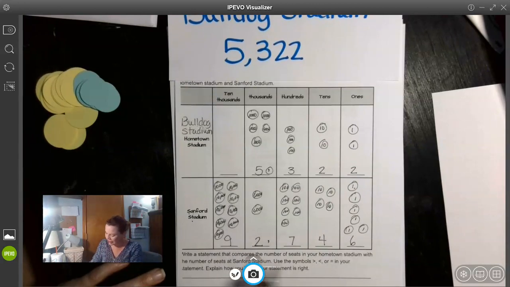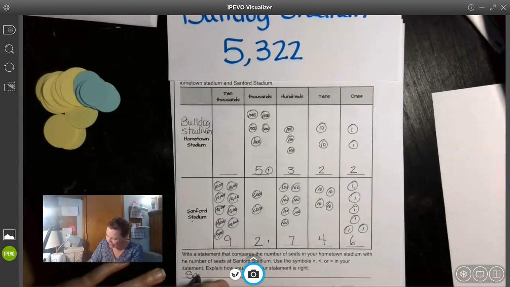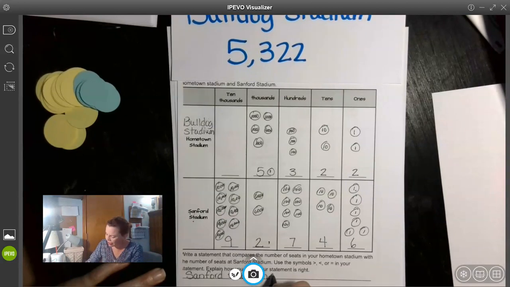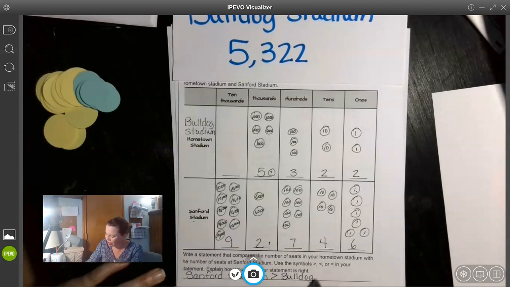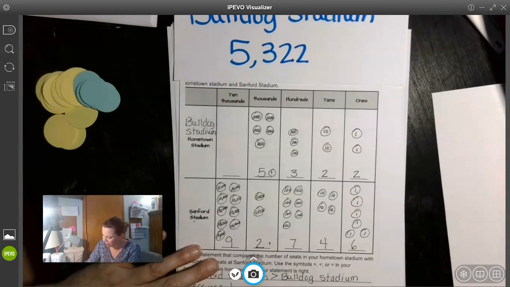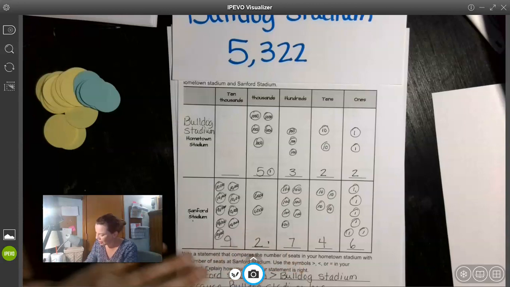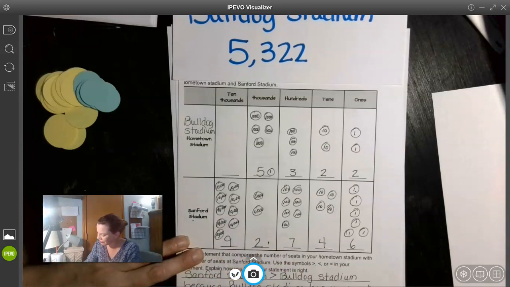So I'm going to write that Sanford Stadium is greater than Bulldog Stadium because Bulldog Stadium has no numbers in the 10,000s place.